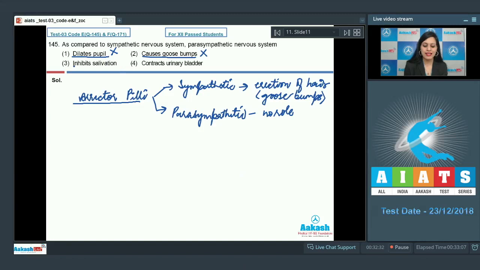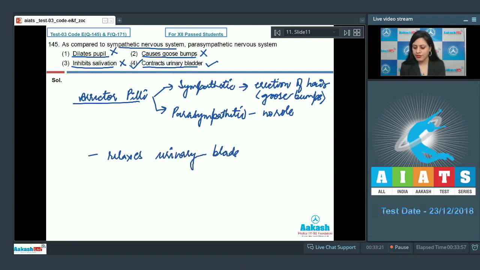The next option is inhibit salivation, also incorrect because the parasympathetic nervous system stimulates salivation. The next option is contracts urinary bladder, and this is the correct answer because the sympathetic nervous system relaxes the urinary bladder, whereas the parasympathetic system contracts it. So the correct answer for this question is option number 4. Let's discuss our next question.